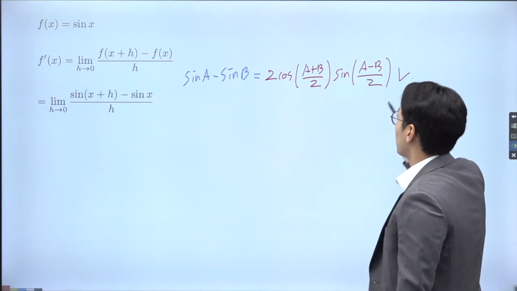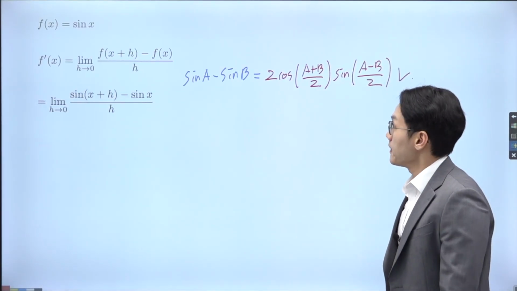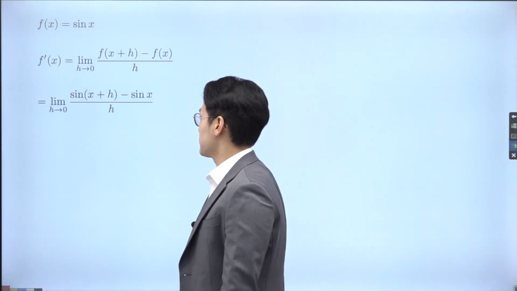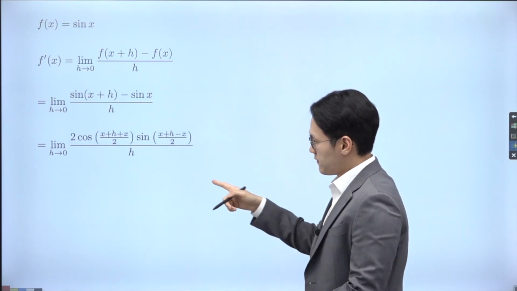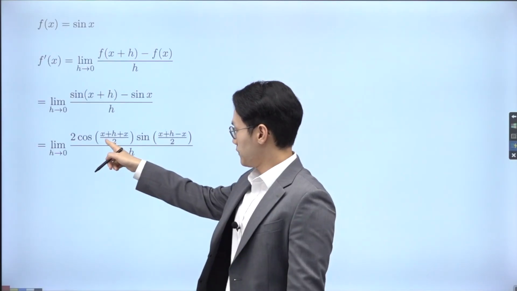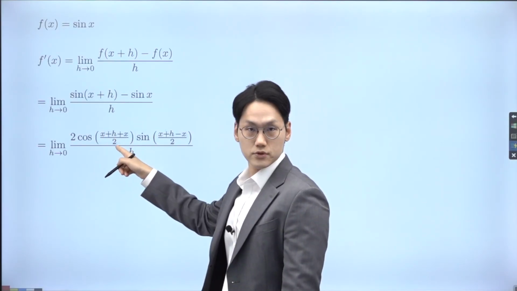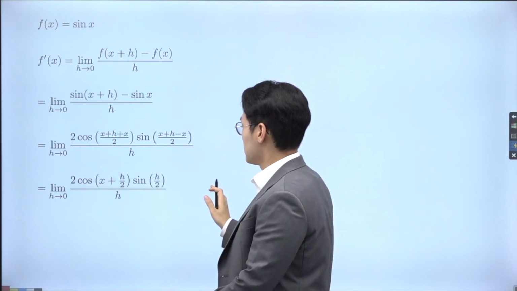That's the sum to product formula. If I apply it here, this is the ratio I've got. Then if I simplify further inside by doing the division, the 2x over 2 will be simply x, and this is what I have.